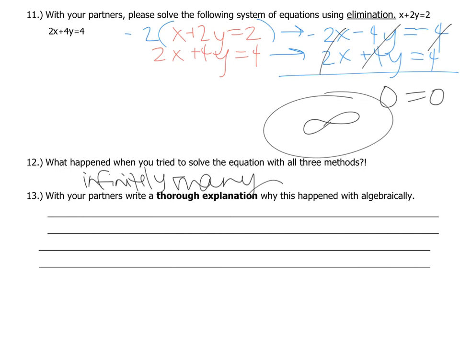So the thorough explanation of why this happened algebraically: this happened because the variables all eliminated, and so did the constants.